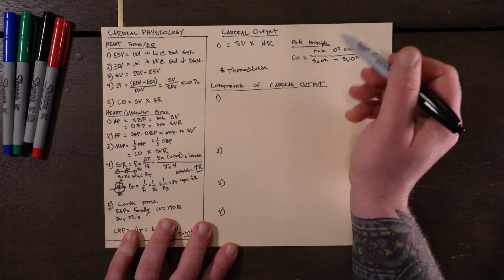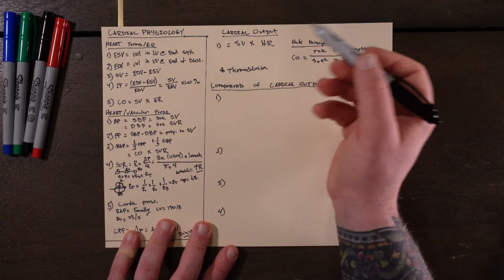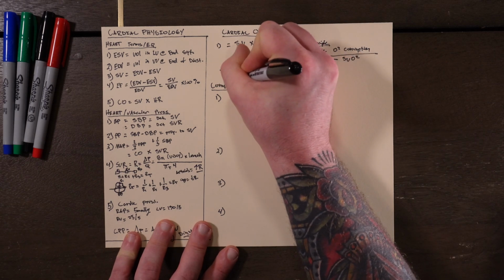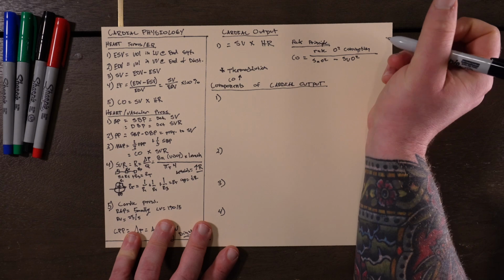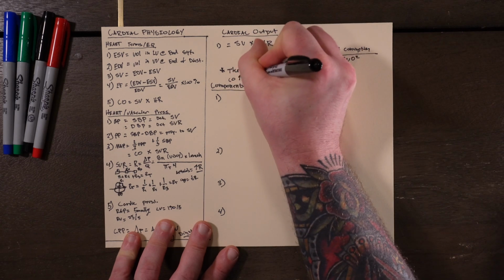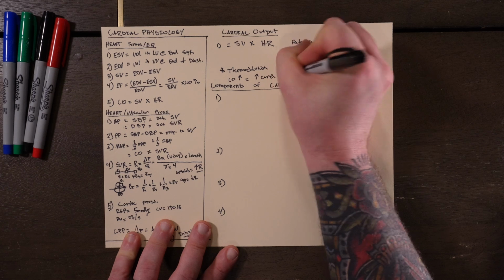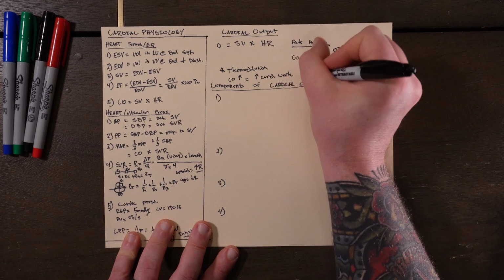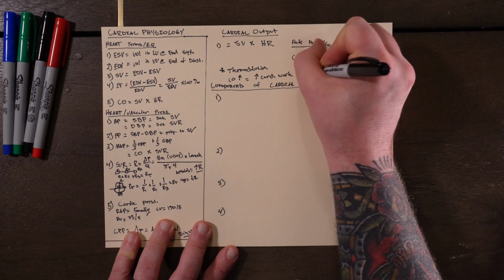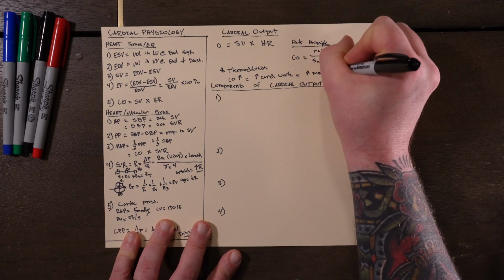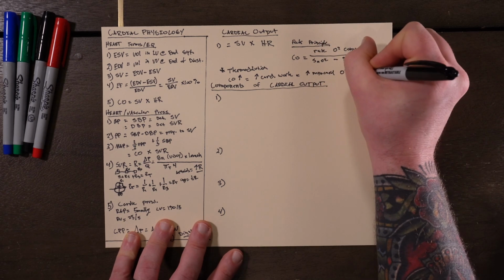So why does this matter? Why do we care about cardiac output? If cardiac output increases, that's going to increase the cardiac work, and that increased work is then going to increase the myocardial O2 consumption.